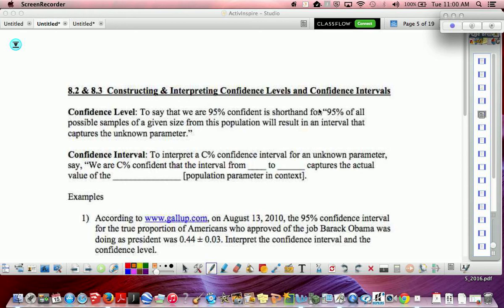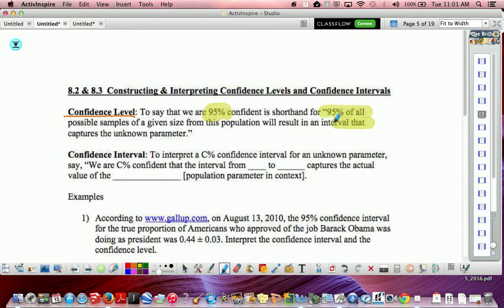So the first thing that we want to talk about today is really the interpretations. When interpreting a confidence interval, sometimes you'll be asked to interpret the confidence level. So when we talk about confidence level, if I'm saying a 95% confidence interval, what does that level actually mean? When we interpret it, we'll want to write it in this type of context.